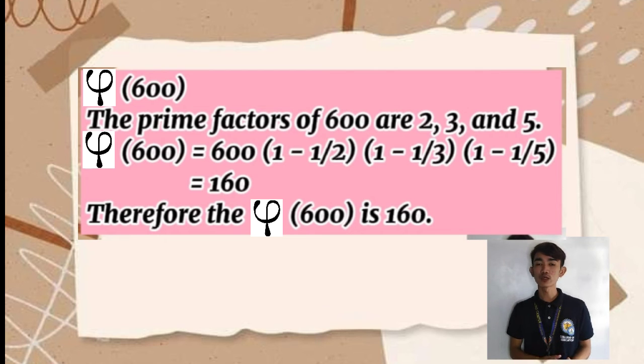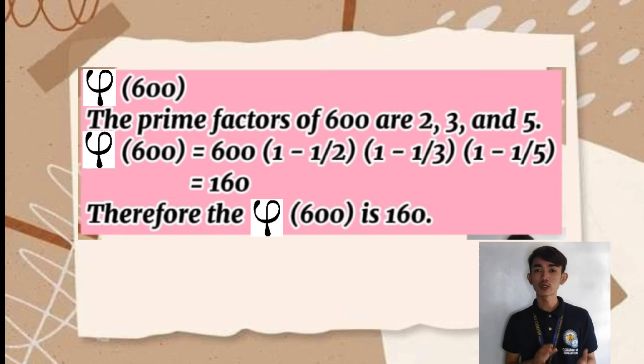The prime factors of 600 are 2, 3, and 5. Substitute the prime factors to the formula. We have phi of 600 equals 600 times 1 minus 1 over 2 times 1 minus 1 over 3 times 1 minus 1 over 5, and it is equal to 160. Therefore, the phi of 600 is 160.